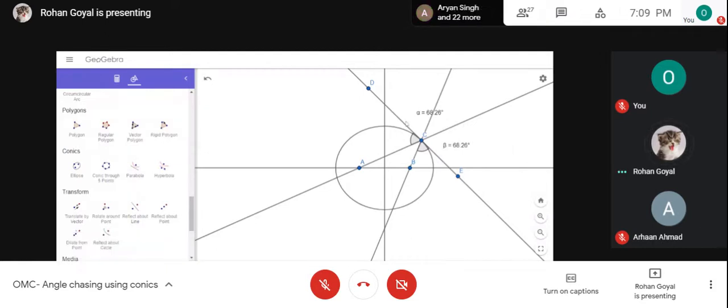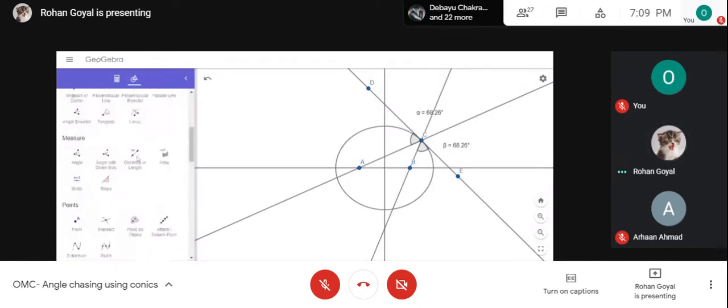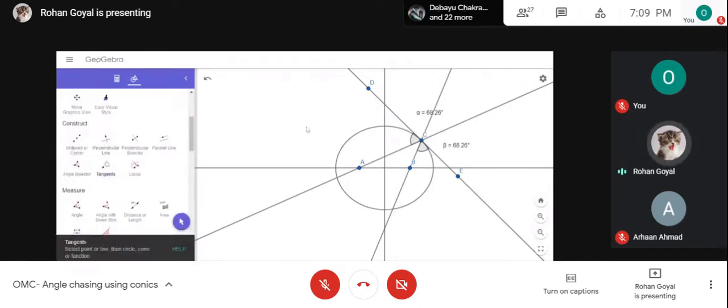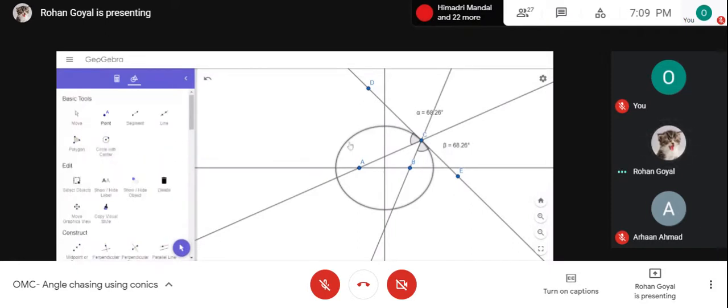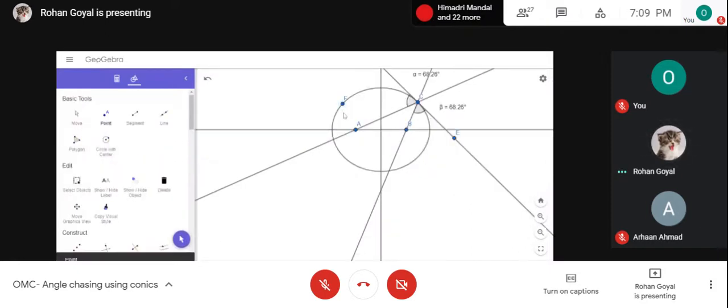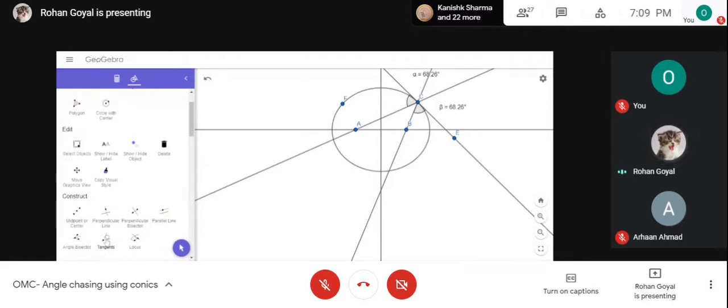Okay, great. Now we have this. Now, what else can we say about these points? Let me take another tangent from another point, and let me take a tangent from here.